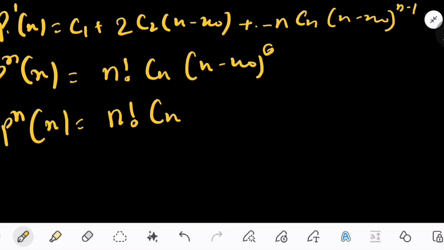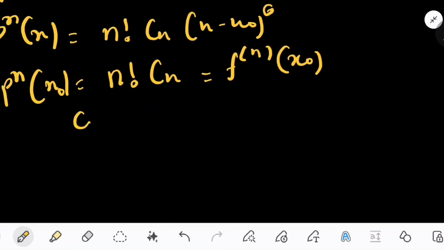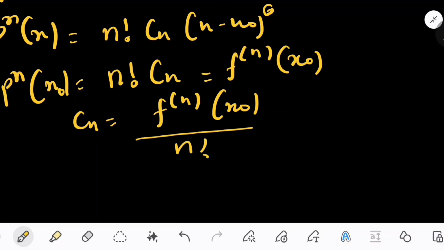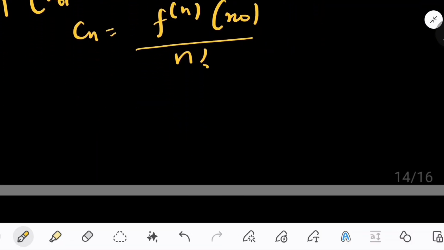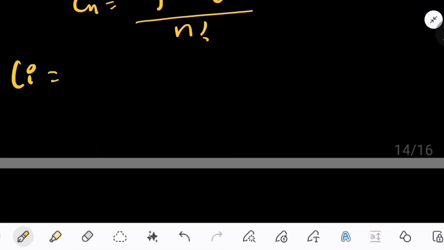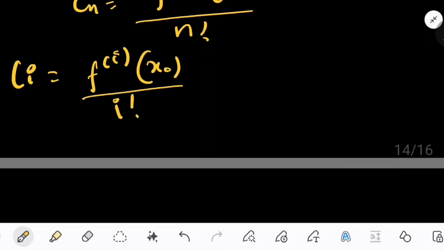And notice that the nth derivative of Pn at x naught is equal to the nth derivative of f at x naught, right? That's correct. Okay. You just substitute x naught over here, simply, okay? So you get Cn is equal to the nth derivative of f at x naught by n factorial, right? So from this you get Ci is equal to the ith derivative of f at x naught by i factorial, right?